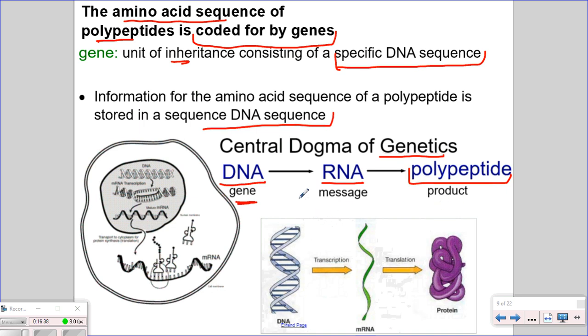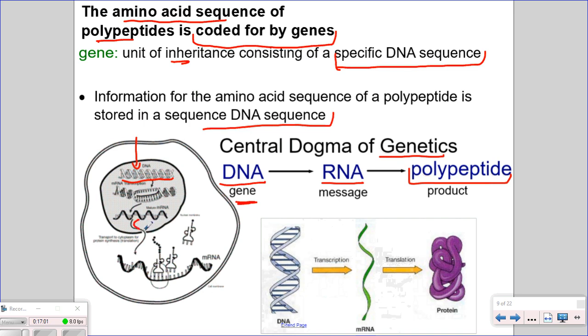There are several events that have to occur in order to get that protein created, which we will go through later on in this unit. But keep in mind that within a cell, and we're talking about a eukaryotic cell here, the DNA is going to be stored within the nucleus. The message gets created within the nucleus.